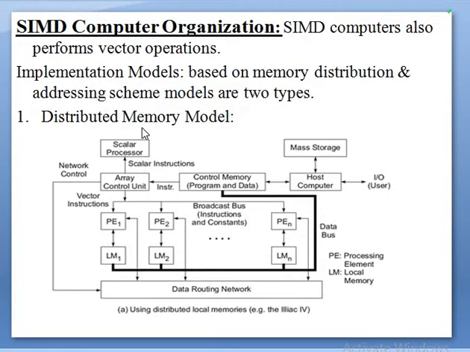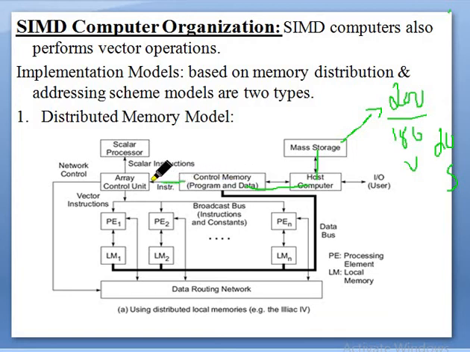What is the distributed memory model? See, very simple. There will be mass storage, and say we have written a huge program of about 200 lines. In that, 180 lines are vector and 20 lines are scalar. Those are all loaded into the host computer, and all 200 lines of the program are loaded onto control memory.